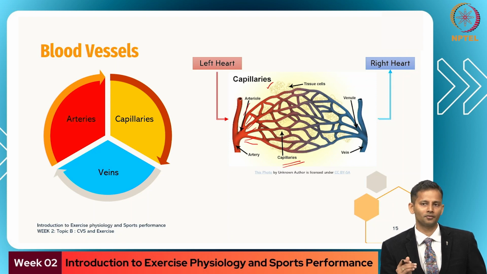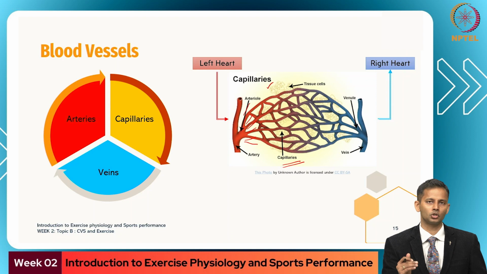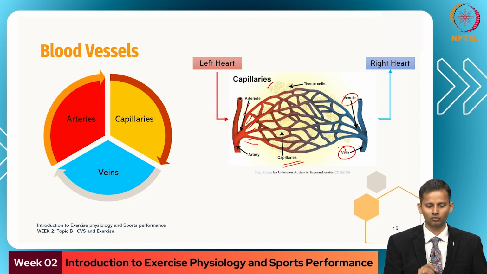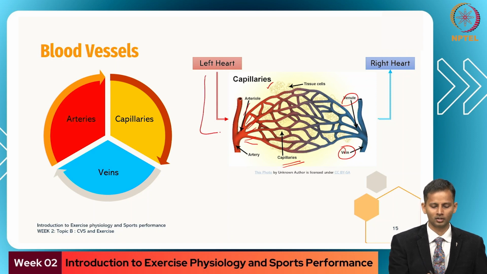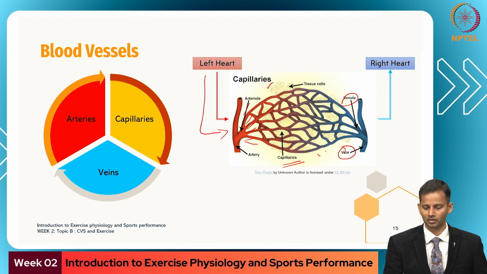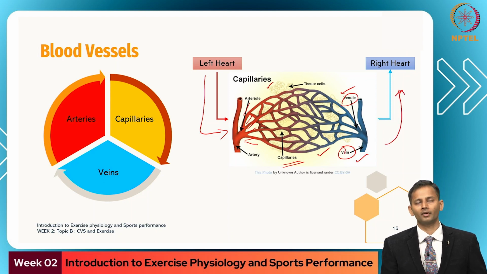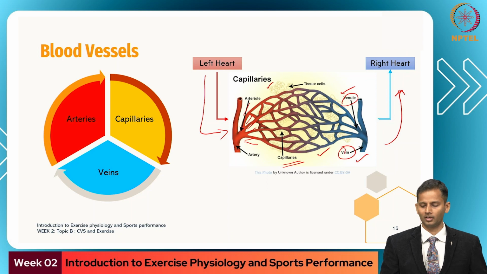Through the capillaries, the diffusion happens in the tissue, and thereafter it continues to form the venules and the vein. So from the left heart, you have the oxygenated blood entering through arterioles into the tissues through capillaries, and thereafter from the tissues, the waste products are carried through the capillaries, venules, and then the vein, followed by the superior and the inferior vena cava into the right side of the heart.